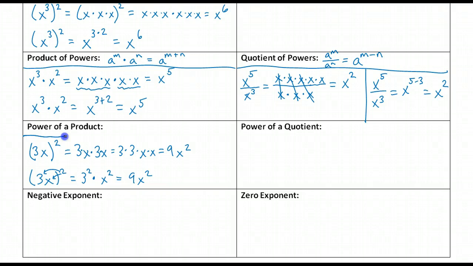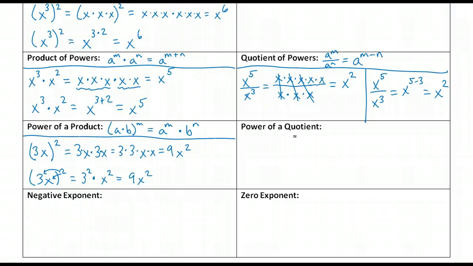So the rule for power of a product is when I have two things being multiplied together inside of a grouping symbol raised to a power, I can distribute that power to both things and keep the multiplication sign between those two numbers.